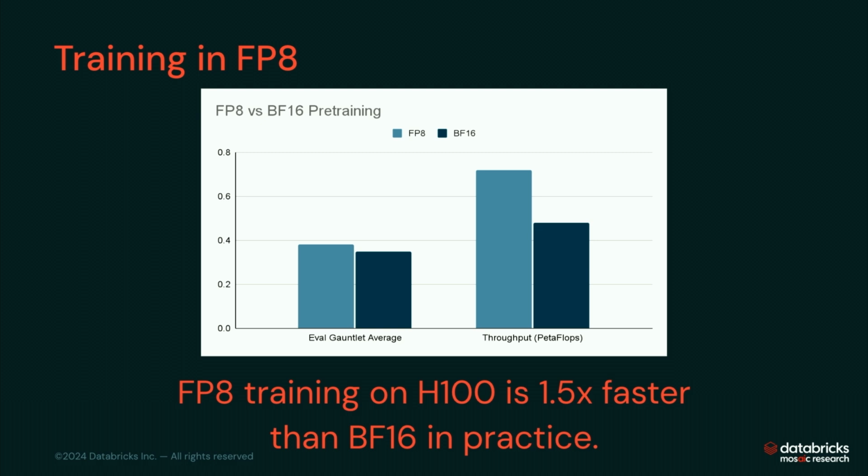Train a bigger model, train on more tokens, get a higher quality result. And you can see that even when we train the exact same model recipe with FP8 versus bfloat16, the gauntlet eval score that we got is pretty much the same. In fact, we actually saw slightly better results with FP8, which is something we were surprised by and we're investigating more now. But it seems that whatever the numerical risks there were with FP8, with the recipes we have now, it's not a problem.